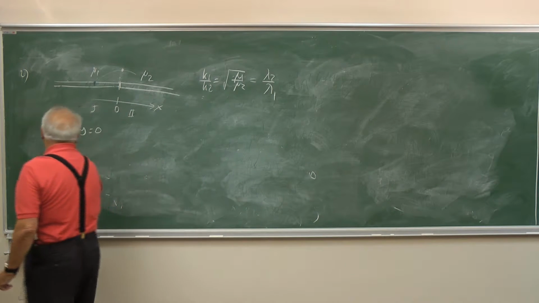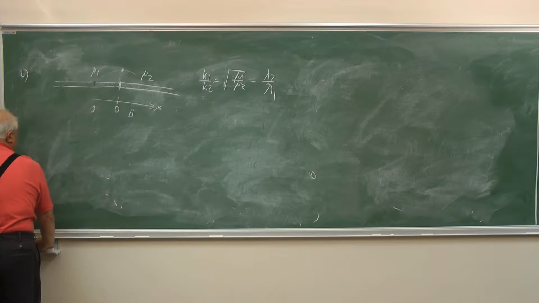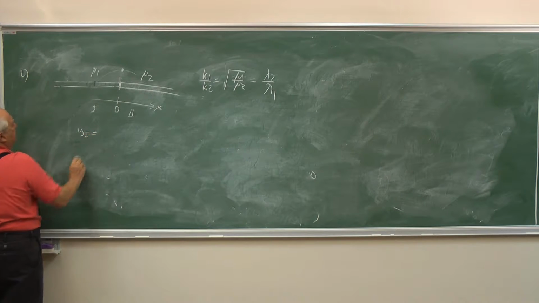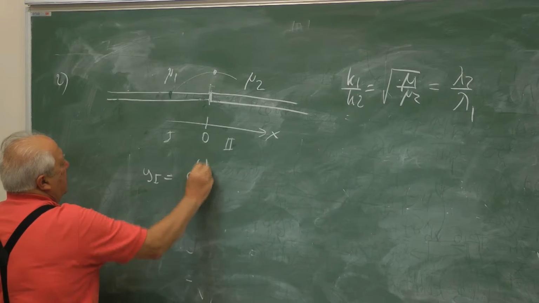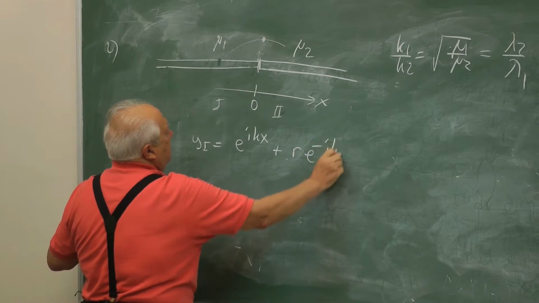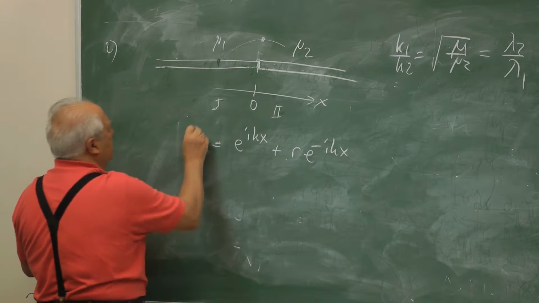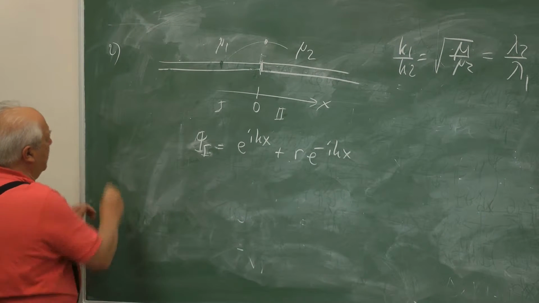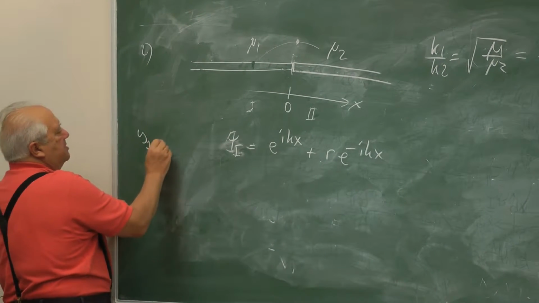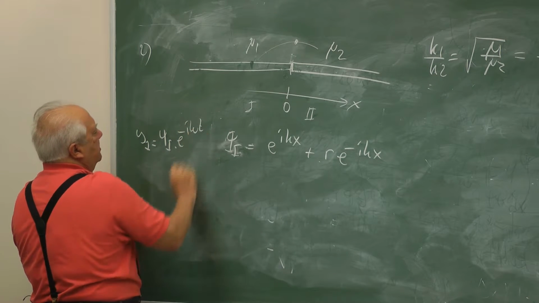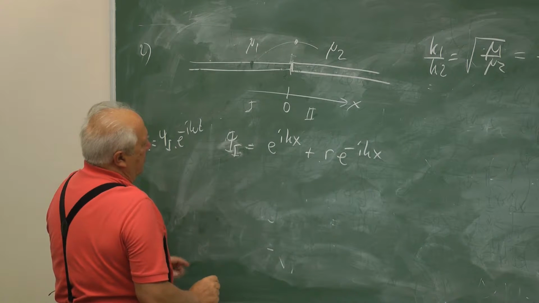Solving the problem. All right. In region 1, y1 is e to the i k1 x plus R e to the minus i k1 x. Let me call it psi 1. Of course, y1 is psi 1 times e to the minus i omega t. All right.